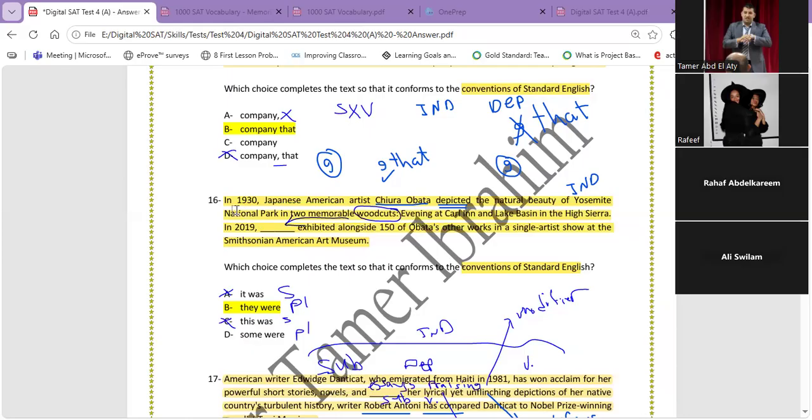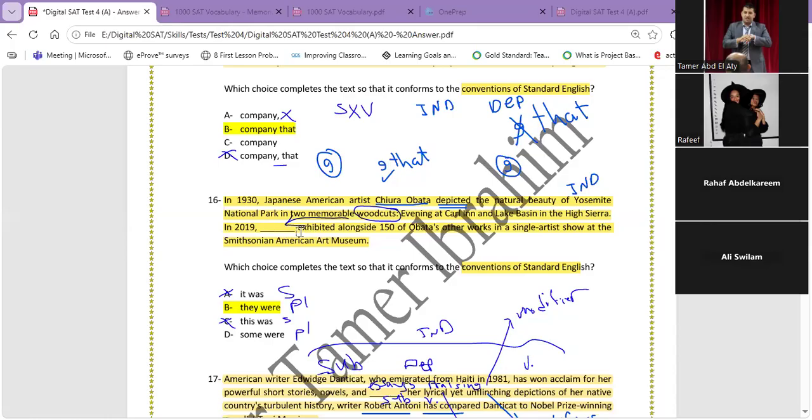He said, in 1930, Japanese-American artist Chiura Obata depicted the natural beauty of Yosemite National Park in two memorable woodcuts. Then he put a colon, so this is an explanation or examples. Evening at Lake Basin and Lake Pass in the High Sierra. I'm going to read it all, despite that I told you that you have to read only the sentence that has the missing part.